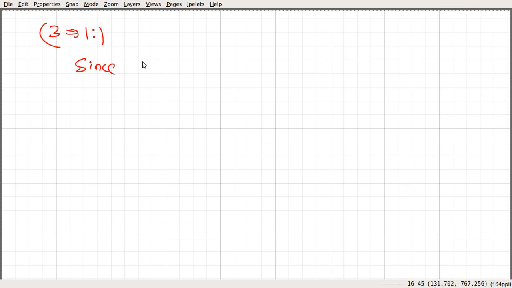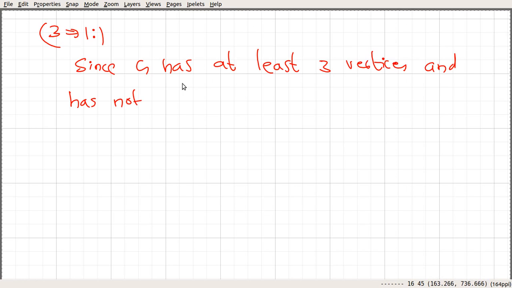Since G has at least 3 vertices and has no cut vertex, we can see that its connectivity is at least 2.